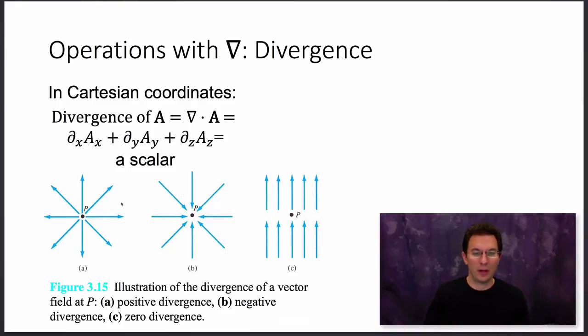We'll talk about this later when we talk about the divergence theorem, but you can think of putting a little spherical surface around this point and imagining that all of these rays are diverging outwards from this point. That's considered positive divergence. Here, the vector fields are converging on the point. That's considered negative divergence. For example C, the fields aren't spreading out at all. That's an example of a field with zero divergence.